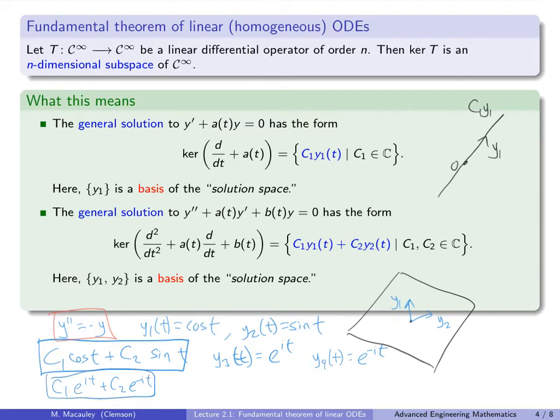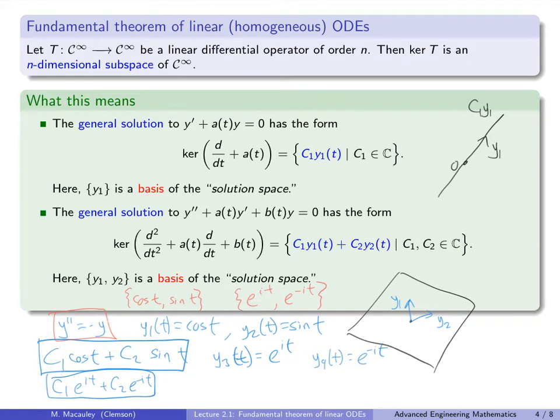So to summarize, we say here that cosine of t and sine of t is a basis for the solution space, but here's another basis, e to the it and e to the minus it. That's also a basis.